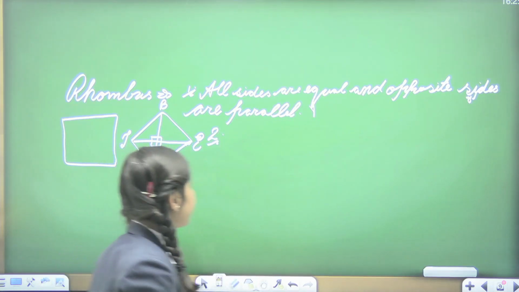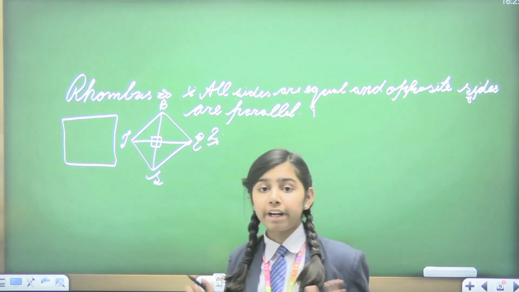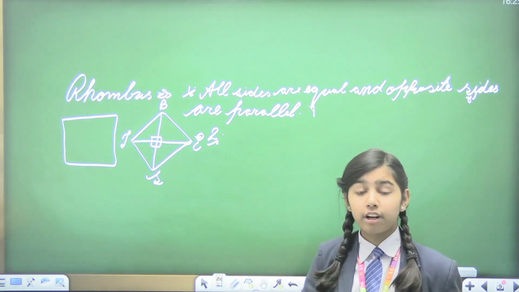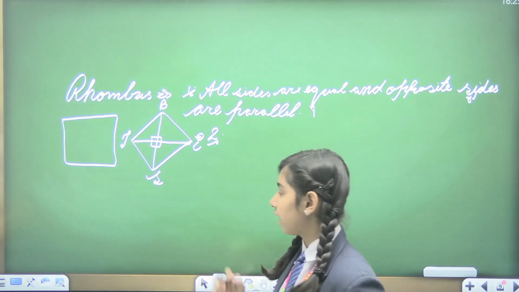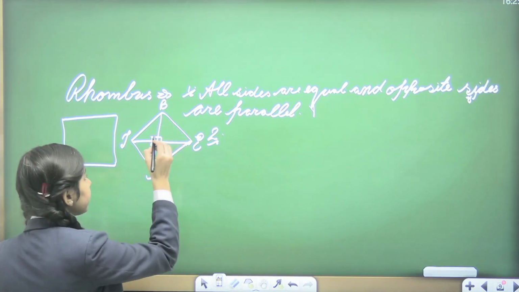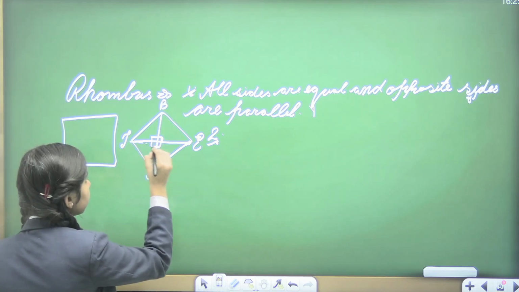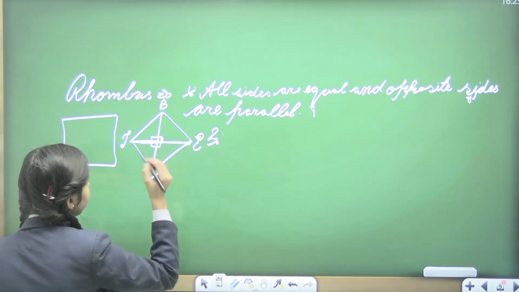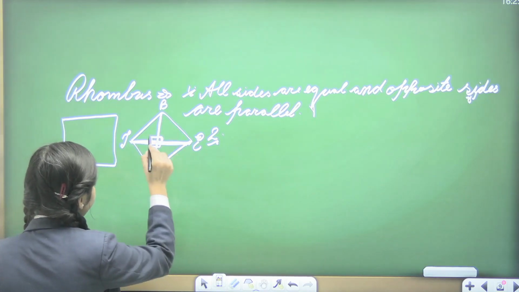Now the second point is that the diagonals of it bisect each other at a perpendicular. And now what is a perpendicular? A perpendicular is a 90-degree angle. So we can see it is a 90-degree angle and it is bisecting each other. I mean, diagonals bisect each other at a perpendicular.